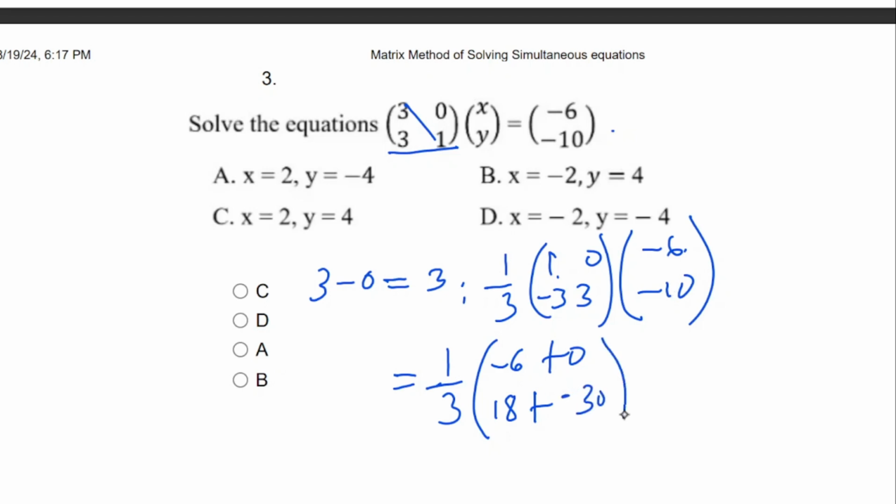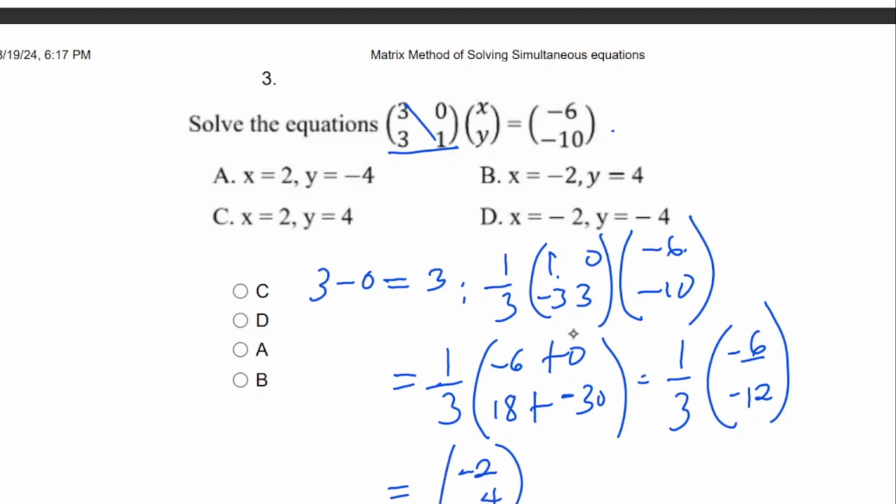So 18 minus 30 gives minus 12. So we have 1 all over 3 into minus 6, minus 12. Minus 6 divided by 3 will give us minus 2, and minus 12 divided by 3 gives us minus 4. So the answer equals minus 2, minus 4. That's option D.